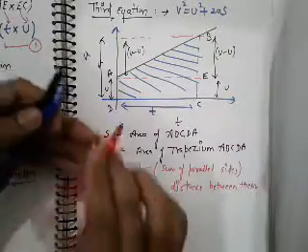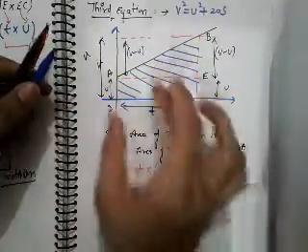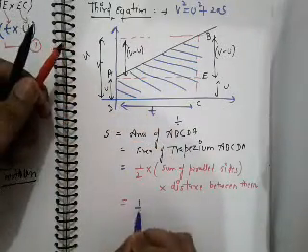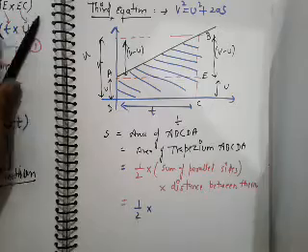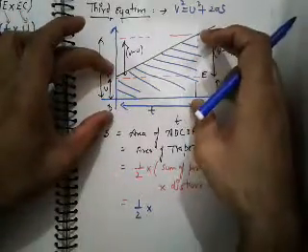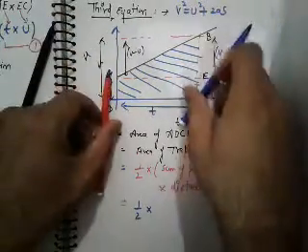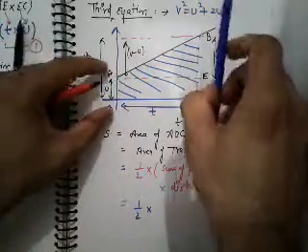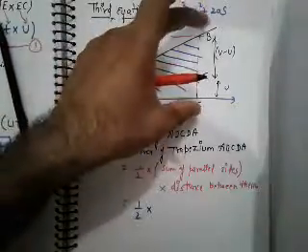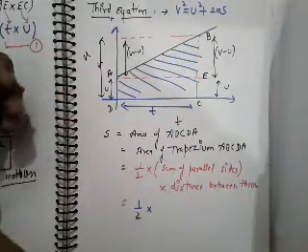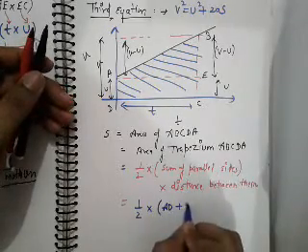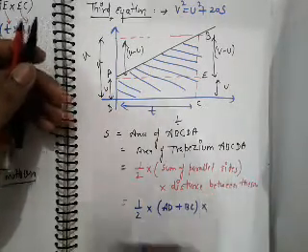So I am going to solve this area with the help of this graph. Half is half, the sum of parallel sides. This AD, the smaller section, and this BC are the parallel sides. So the sum of parallel sides means AD plus BC, and the distance between them means the perpendicular distance between the parallel sides.